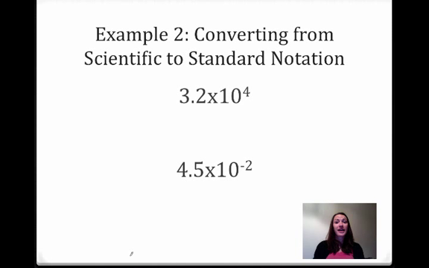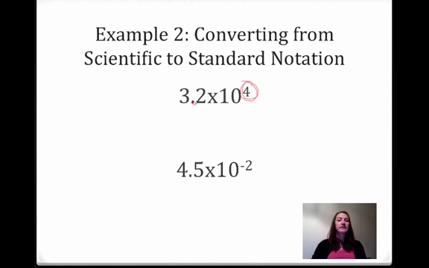All right, let's try another example. This time we're going to go from scientific notation. So we're going to start with the scientific notation and we're going to convert it to standard notation, which is what you guys are more comfortable seeing. So this time we have to interpret these exponents. So here I'm seeing a positive 4. So that means I'm going to move my decimal point so this becomes a bigger number. So I'm going to move it to the right.